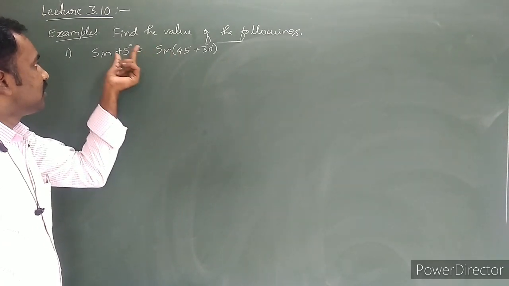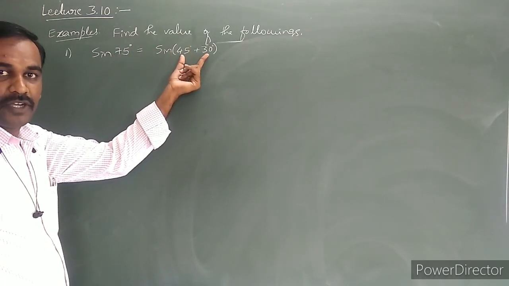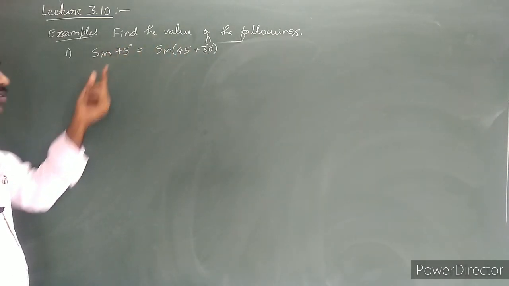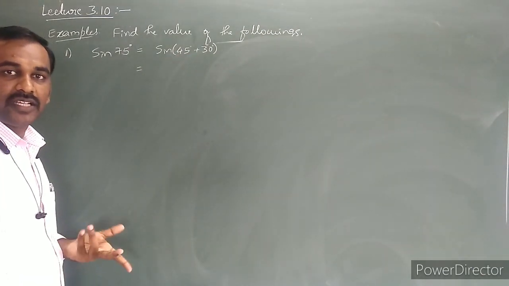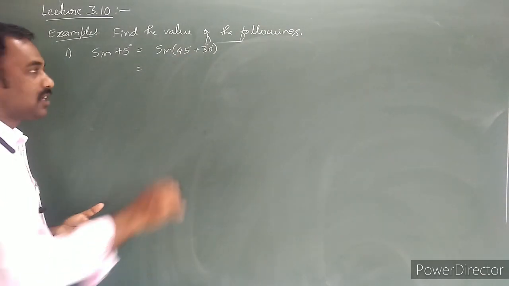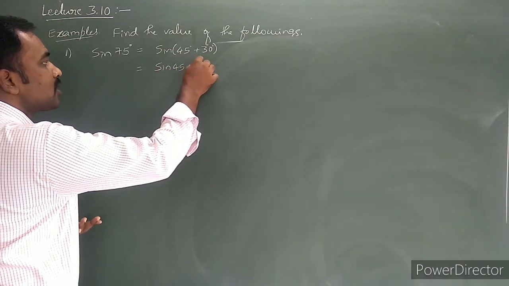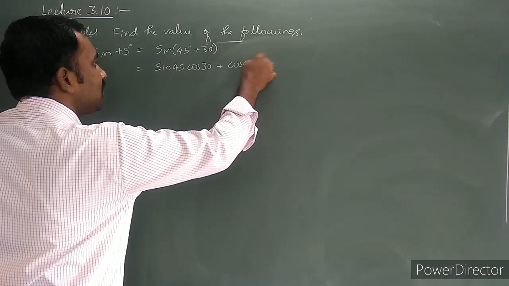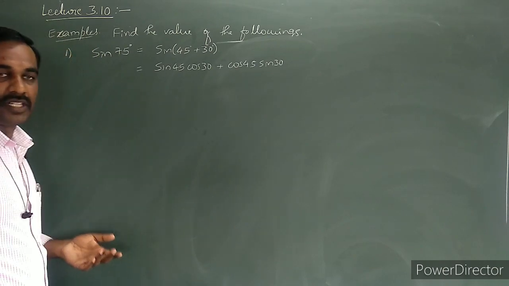So sine 75 is split as sine of 45 plus 30. What is 45 plus 30? 75. Now this is of the form sine of x plus y. What is the sine of x plus y? Sine x cos y plus cos x sine y, that is sine 45 cos 30 plus cos 45 sine 30. Do you remember this formula?